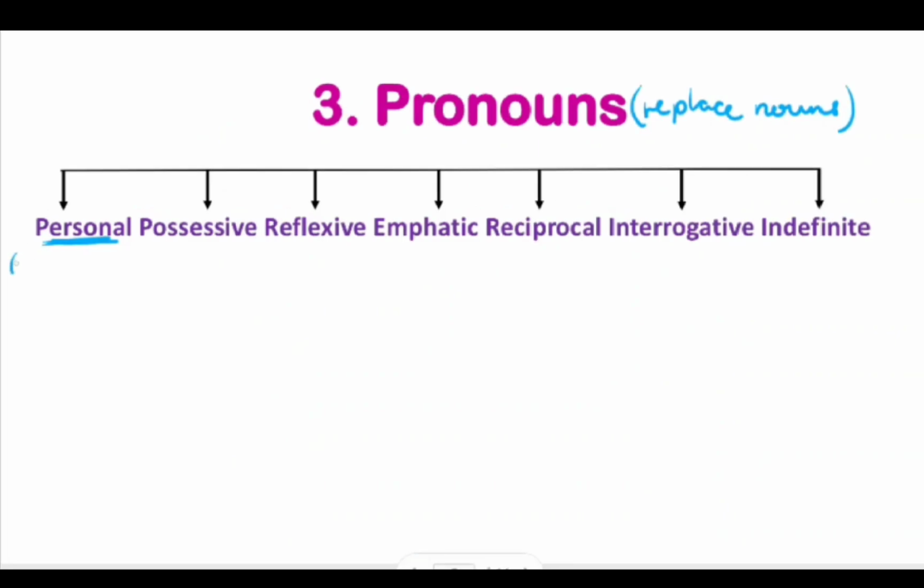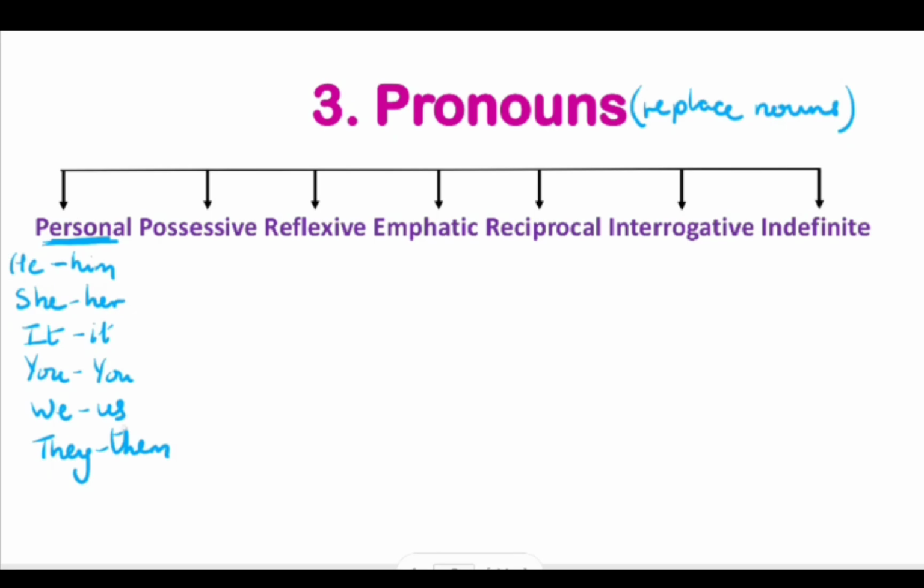I'll write he and him, she and her, it and it, you and you, we and us, they and them, I and me.